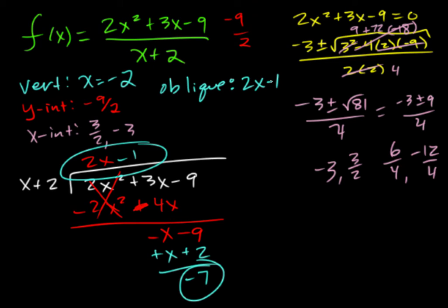Now it says draw a sine diagram for the function. So we only care what happens on the x-axis for our sine diagram. So we have -3, -2, and 3 halves. The -2 is an asymptote, so we want to show that.